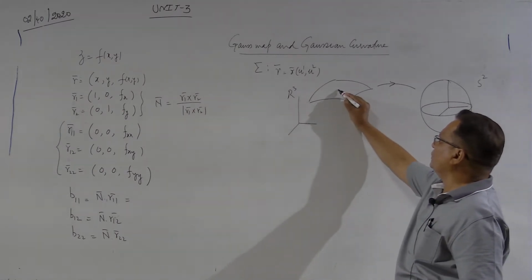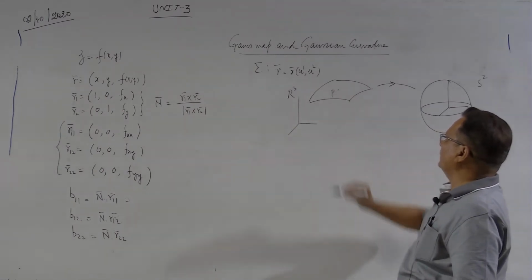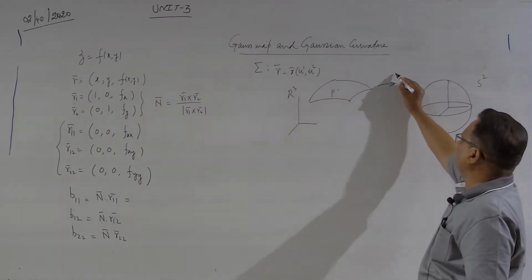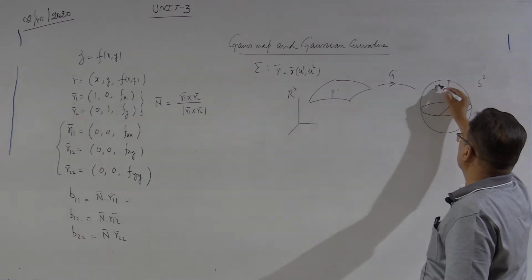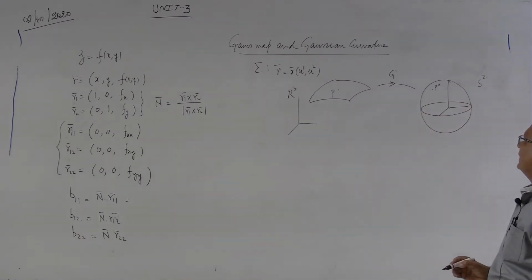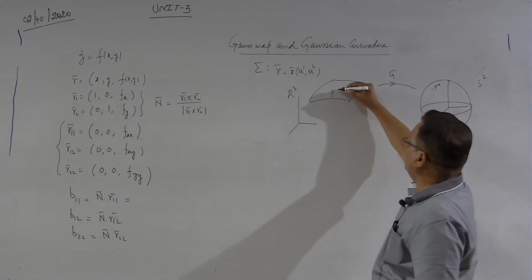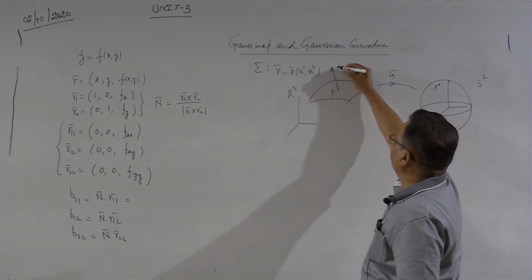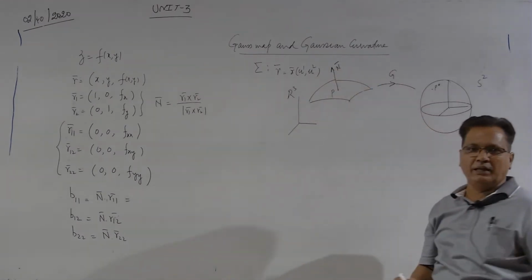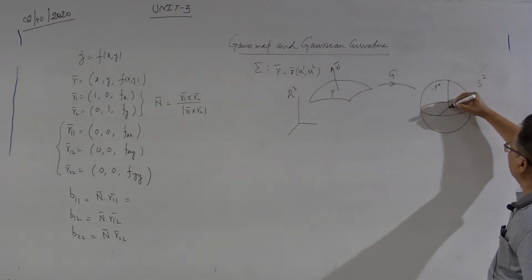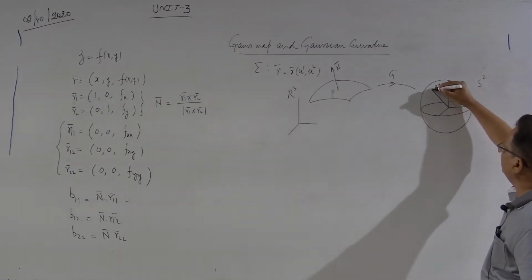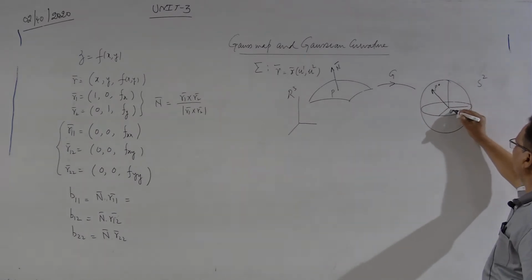If you choose an arbitrary point P on the surface, the Gauss map G will map it to some point P star, and this point P star is such that the unit normal n at the point P is the same as the position vector of P star.